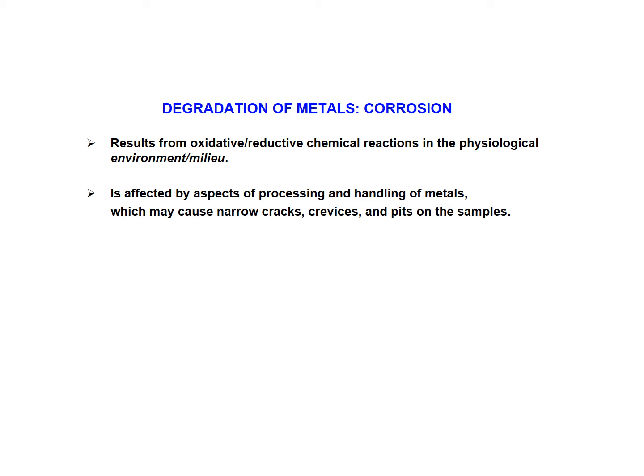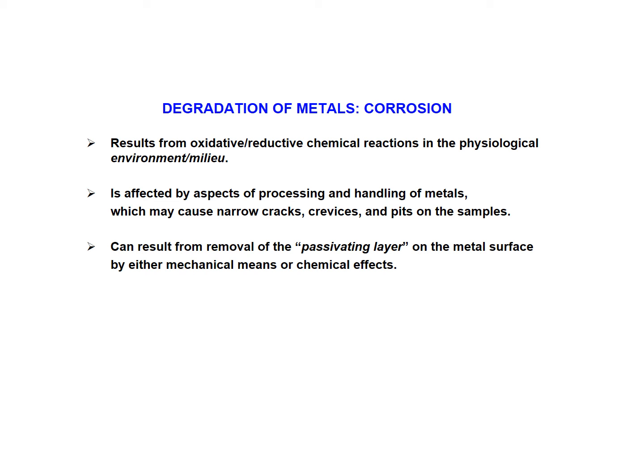This particular topographical change may promote and enhance the subsequent process of corrosion. Corrosion of metals can also result from the removal of the passivating layer on the metal surface by either mechanical or chemical means.